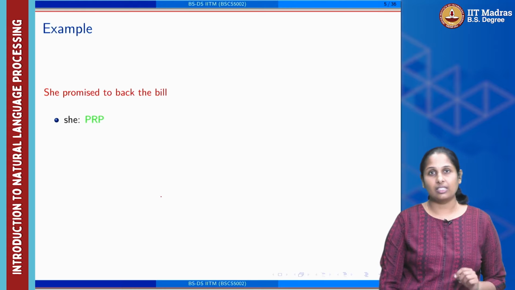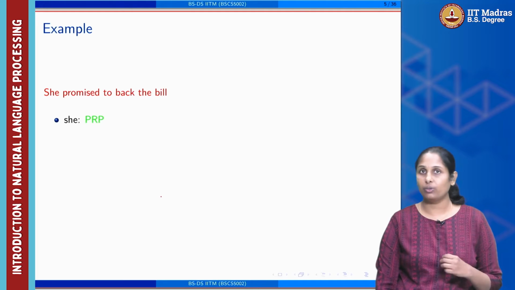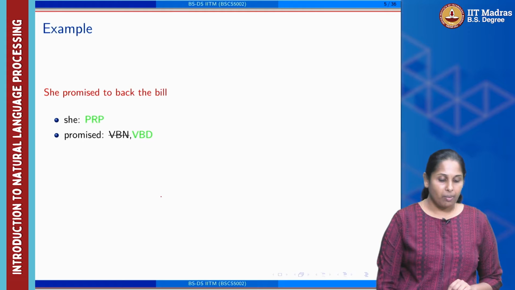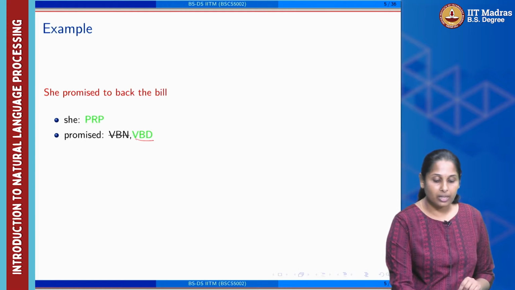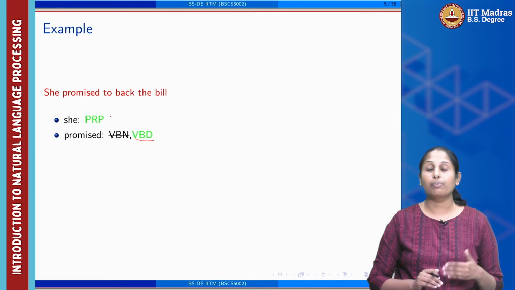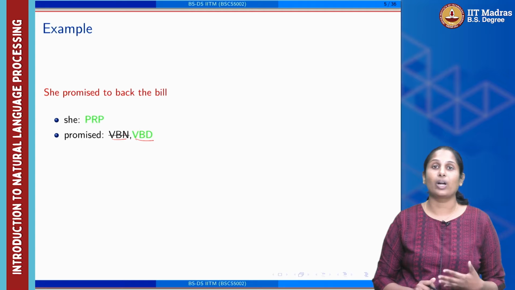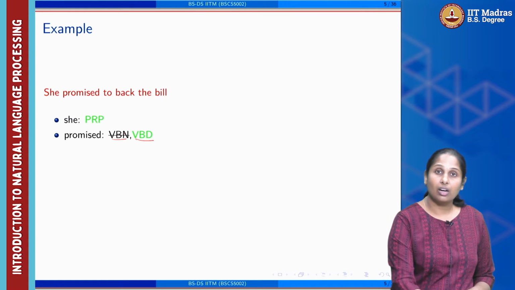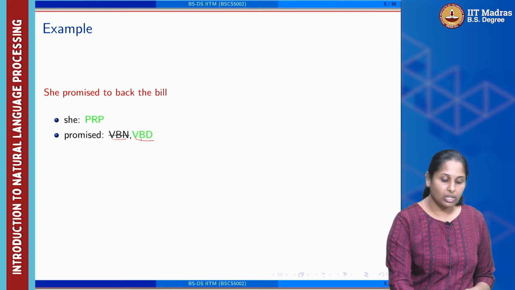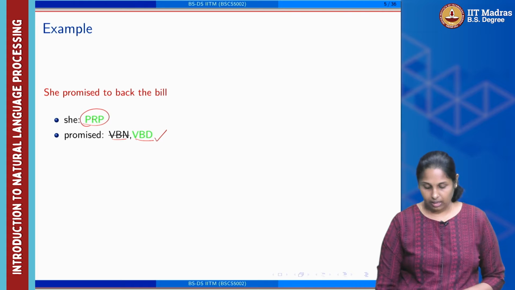Since she is tagged with one particular tag, PRP would be the best tag, and promised is selected as a verb with the past tense because the preceding one is a pronoun, because the participle form requires the preceding one to be an auxiliary or a modal verb. So, in this context, the small context window shows that it is selected as VBD because of the given tag PRP in the previous case.